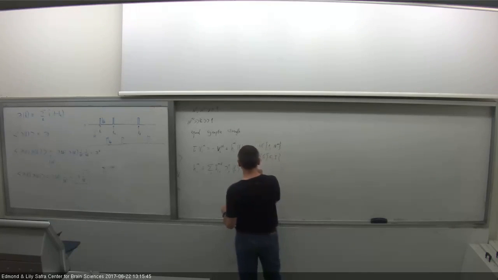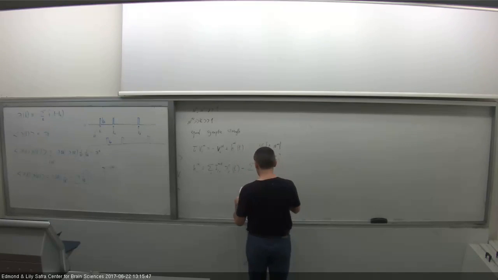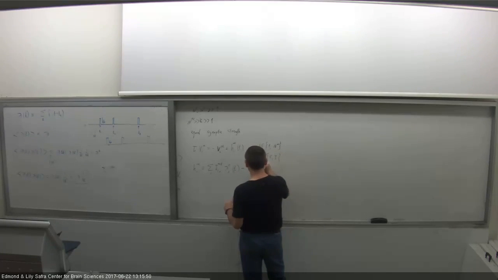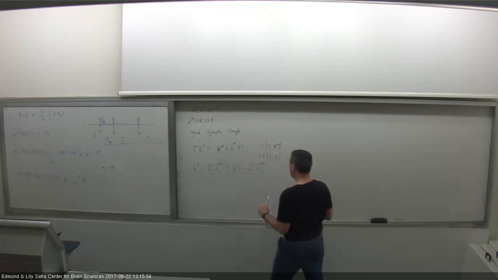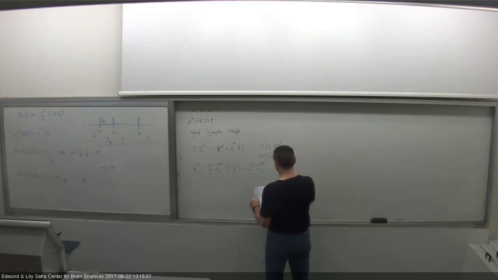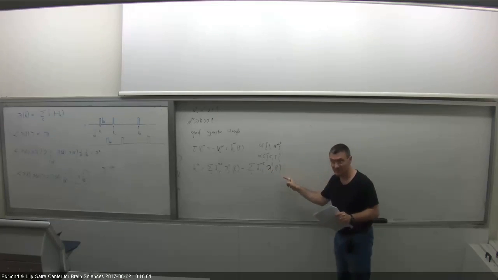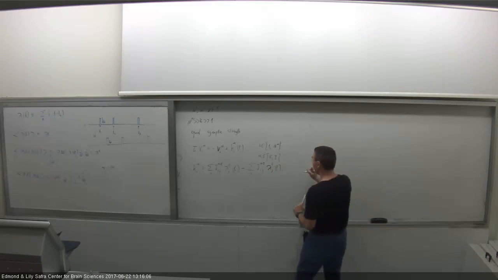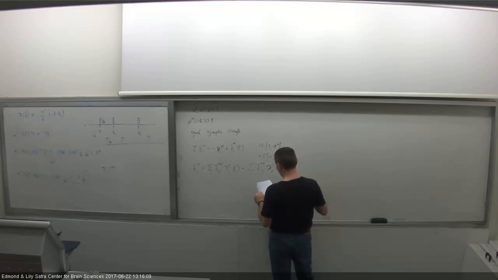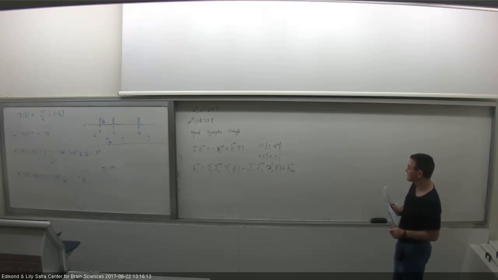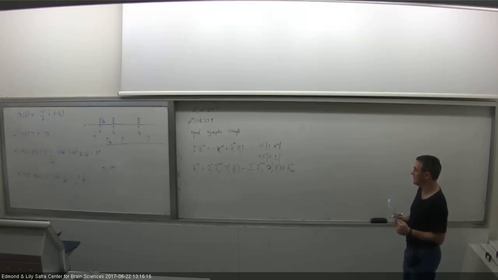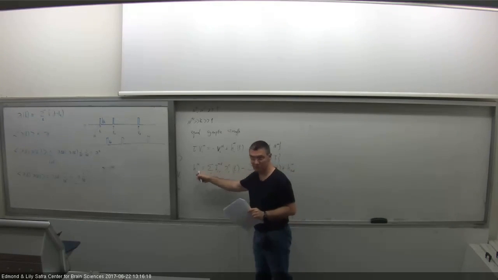Minus the inhibitory input, which is the sum over j of J_ij^{alpha I} times the instantaneous firing rate of the inhibitory neurons, plus h external alpha. So this is the input to the ith neuron of population alpha.